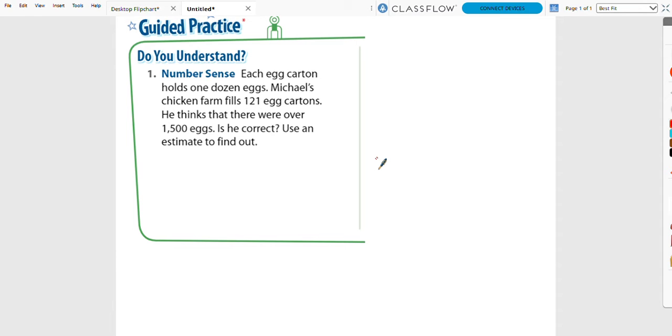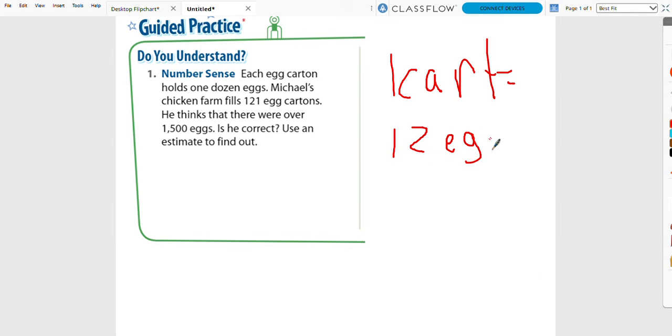So let's look first at what they're giving us, and then let's figure out what they're asking us. So we know that each egg carton holds 1 dozen eggs. So 1 carton holds 12 eggs, if you can't remember what a dozen is. So he thinks that he should have 1,500 eggs, and his farm fills a total of 121 egg cartons.